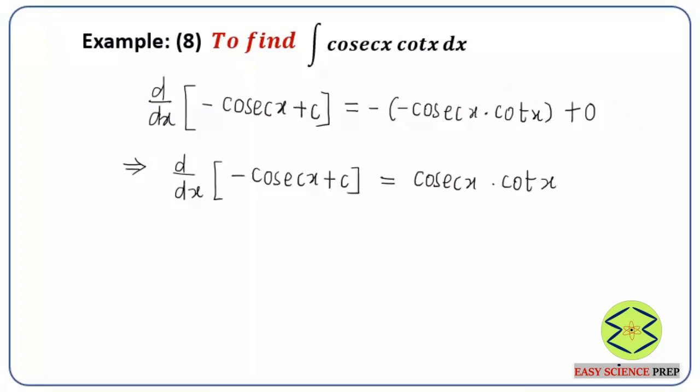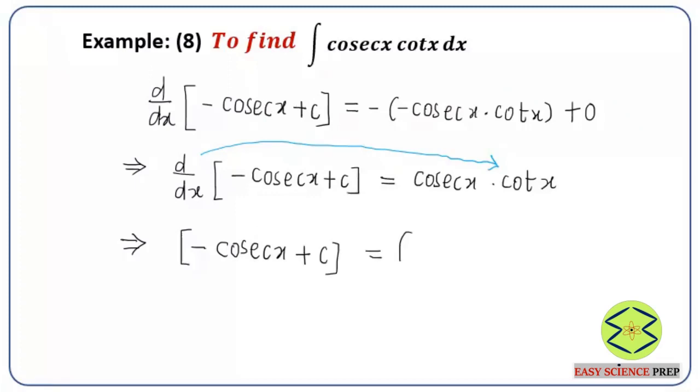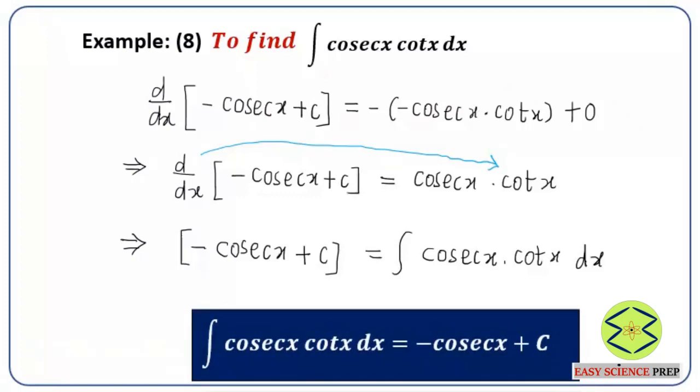Now if you bring this derivative from left to right, because derivative is opposite to the integration, this will become integration. So you'll be getting from here that minus cosecant x plus c will be nothing but the integration of cosecant x into cot x dx. Okay, so integration of cosecant x cot x. So that is simple. So we can say that the integration of cosecant x cot x is nothing but minus cosecant x plus c. Let's look at some more examples.